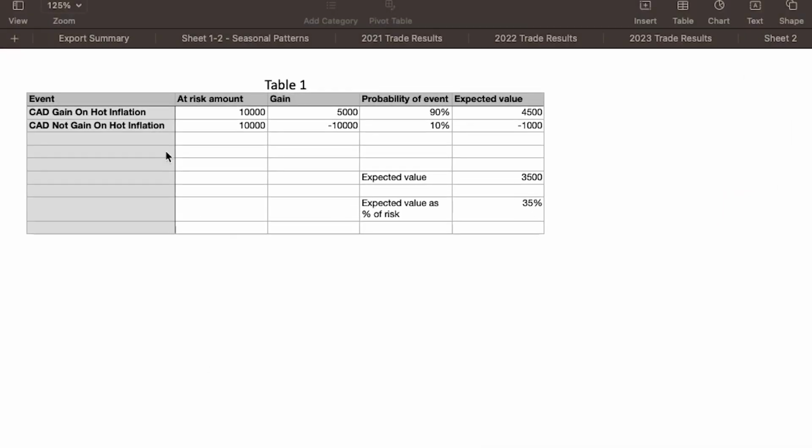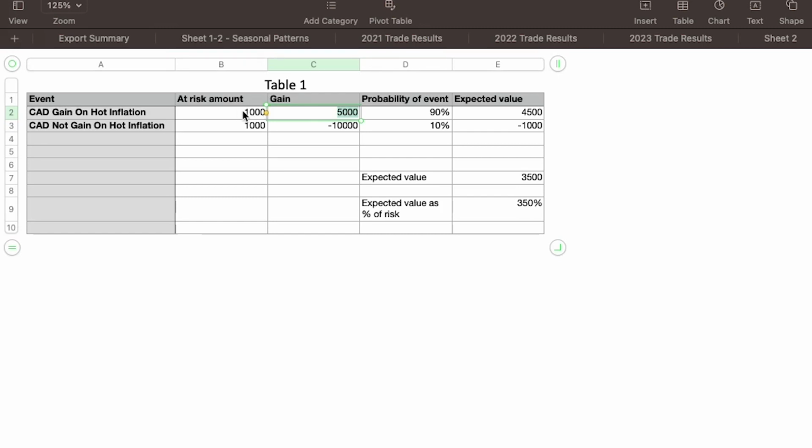So here you can see, say we're risking 1,000 units of currency. Does the Canadian dollar gain on hot inflation, or does the Canadian dollar not gain on hot inflation? If it gains on hot inflation, what am I expecting to gain?